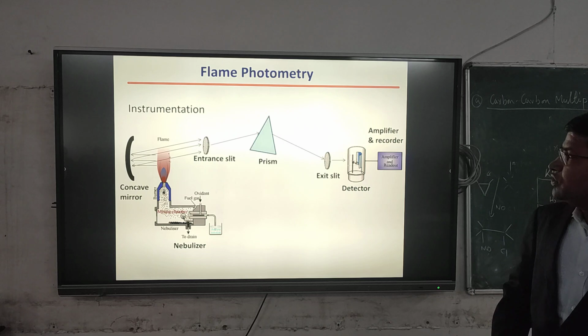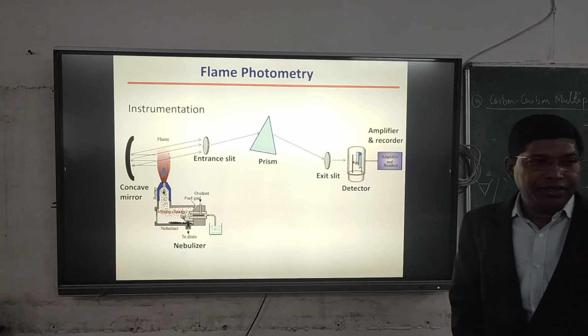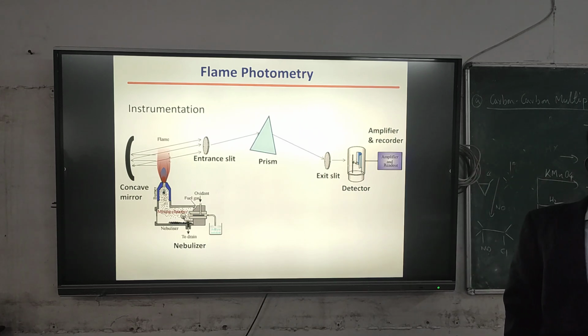This is the instrumentation of a flame photometer. We have different components or parts of the instrument.